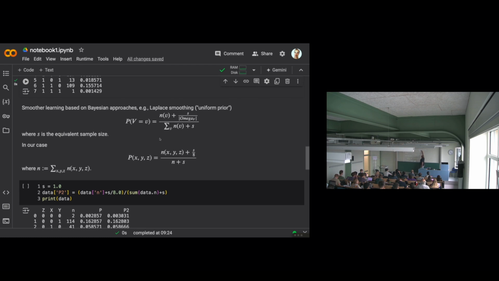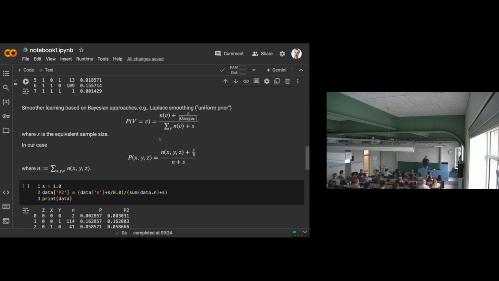The frequentists are just doing that. The Bayesians use an additional prior which can be interpreted as an equivalent sample size, a number of virtual observations corresponding to our prior knowledge. Let's say we have S, and let's say S is 1, for instance.